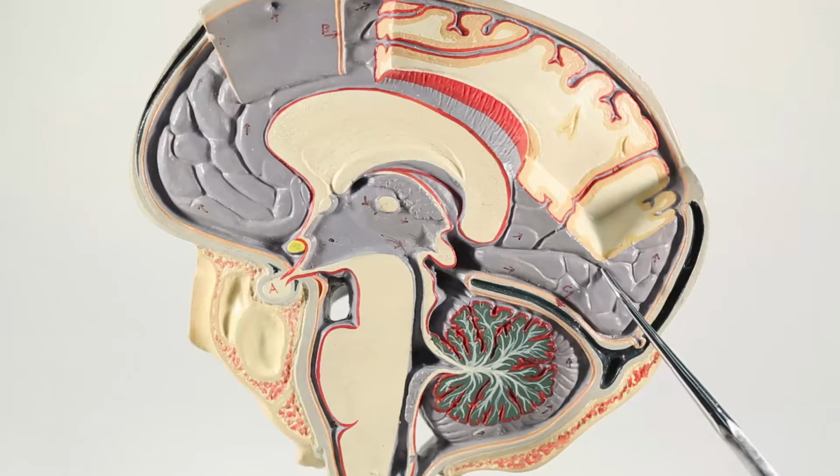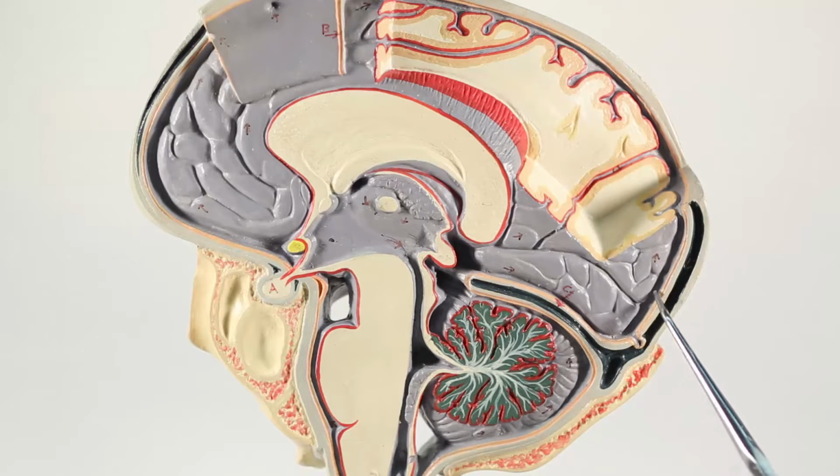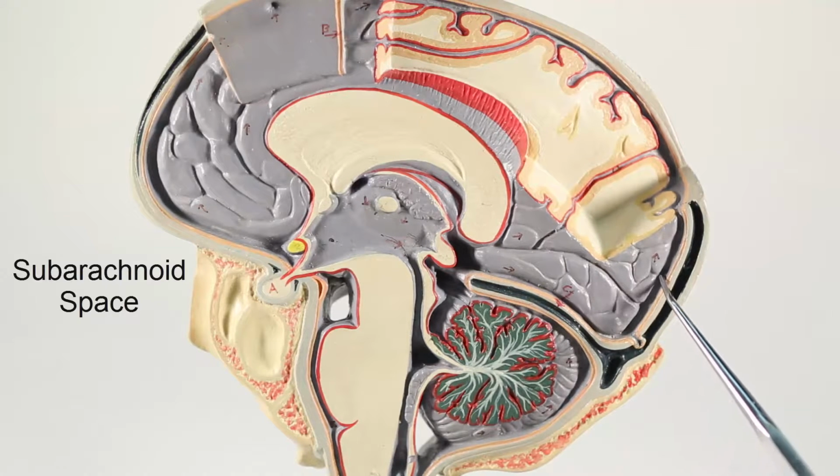It curves and it goes into every indent, goes with every sulcus and every gyrus. Then, moving just a little bit behind it, you can see this pinkish coloration here. That pinkish coloration is going to be symbolic of the arachnoid mater. The arachnoid mater is going to have a space deep to it right here. It's called the subarachnoid space.